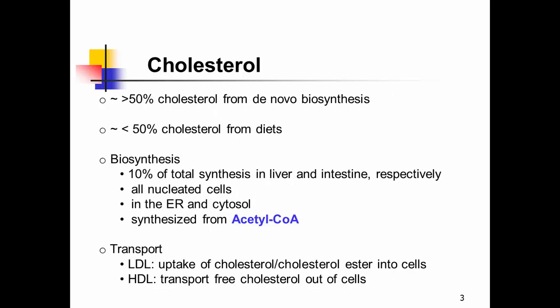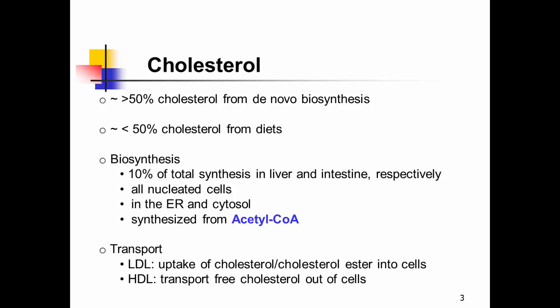In our body, half of the cholesterol is from de novo biosynthesis. That means our body is able to synthesize cholesterol. The other half of the cholesterol in the body is from diet.